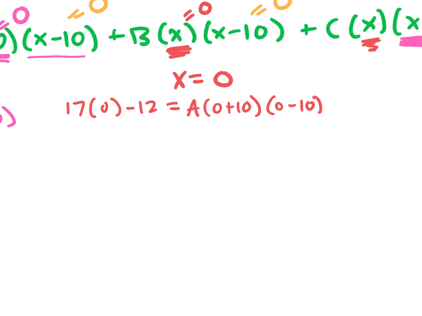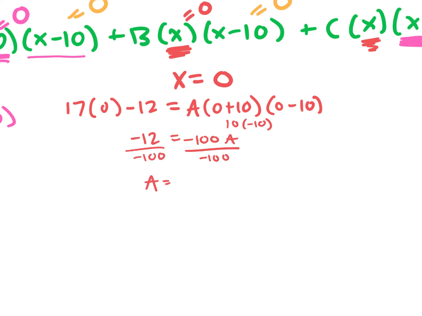So let's solve. 17 times 0 is 0 minus 12 would just be negative 12. Then this is a times 10 times negative 10. Negative 100. Divide both sides by negative 100.